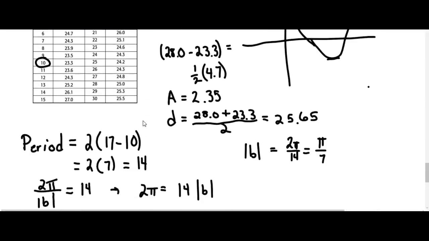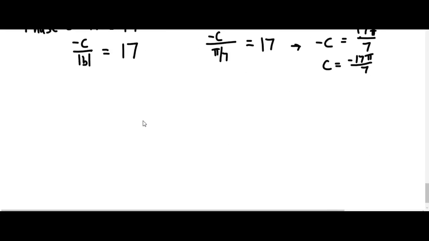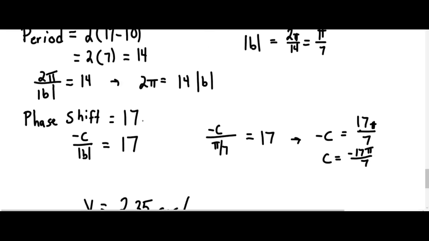Now we have everything we need to construct our function. We found that a was 2.35, so when I write this out, I'm going to have y equals 2.35, and I'm using cosine as my trig function. You could use sine or cosine. It would just reflect how your phase is shifted. So we have cosine, and then we're going to have b times x.